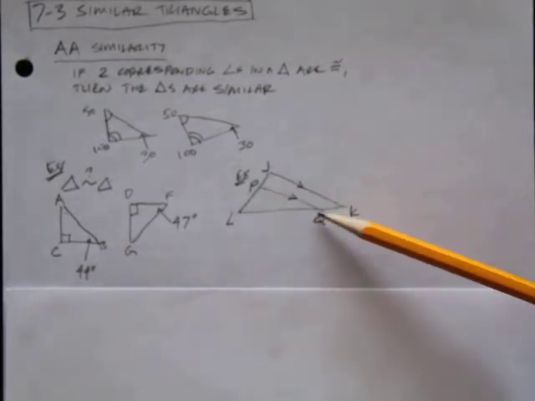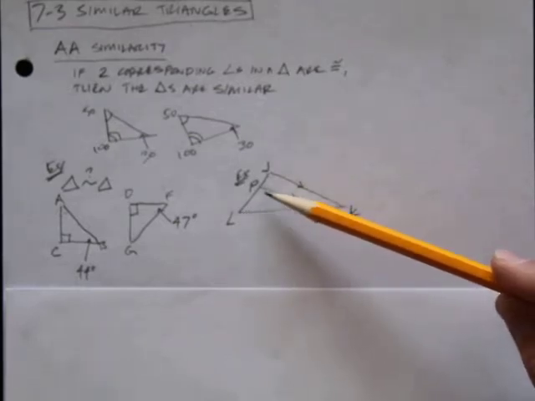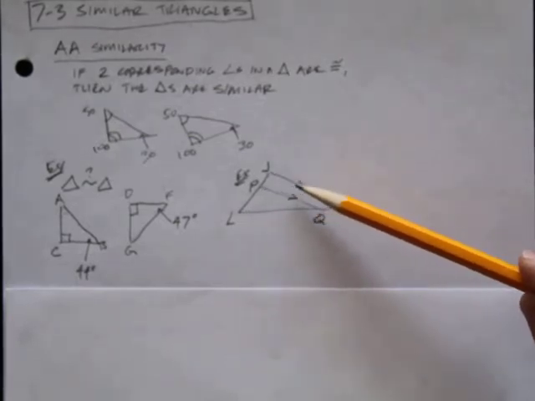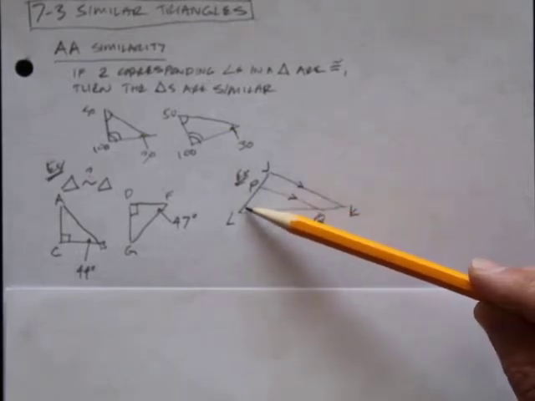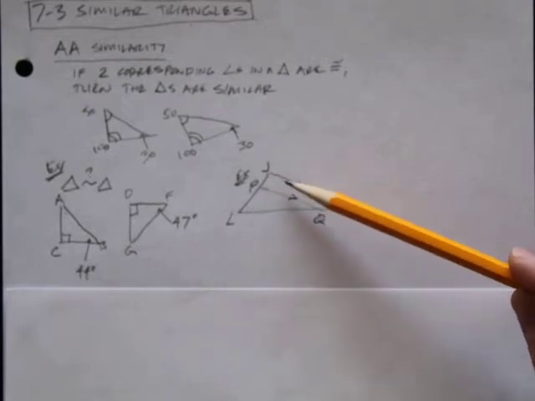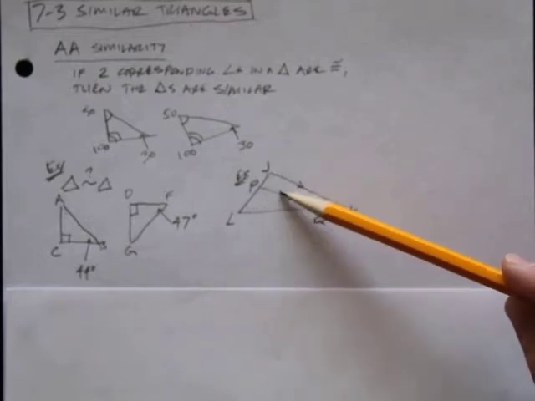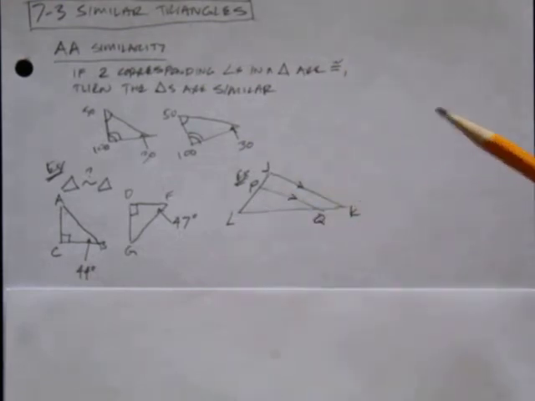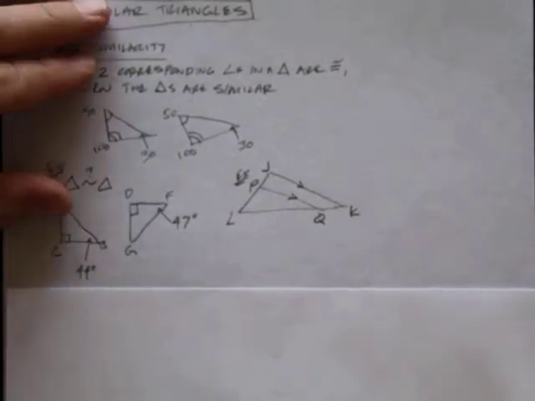Therefore, two pairs of corresponding angles are congruent, and L is congruent to itself. So we know that these two triangles are similar because all the corresponding angles are congruent.